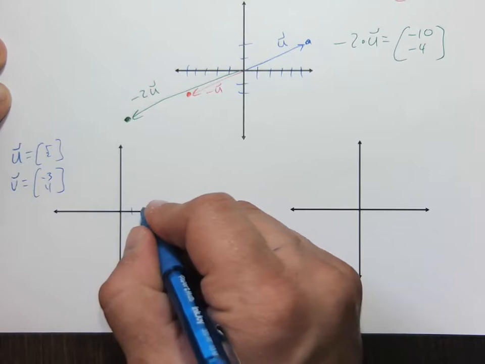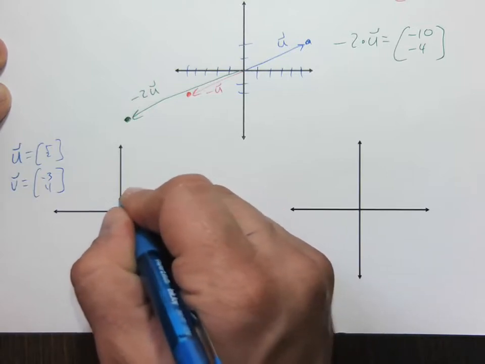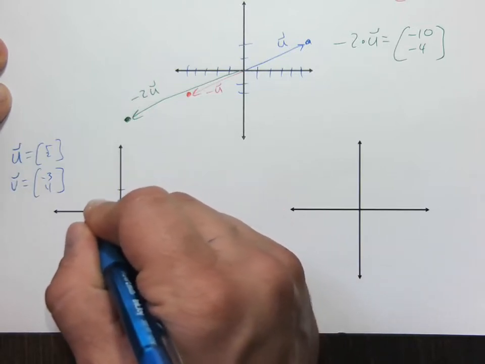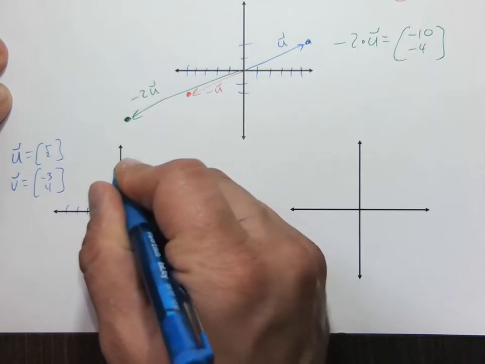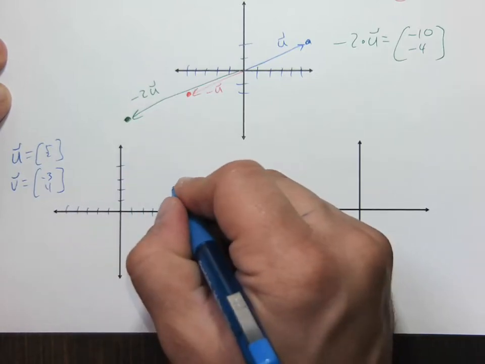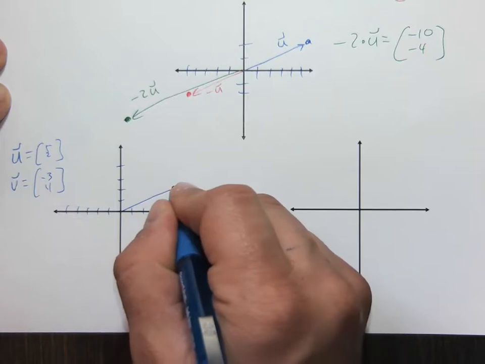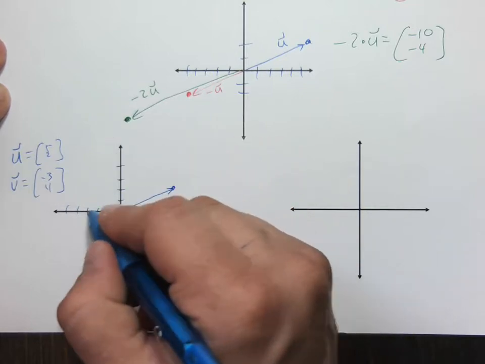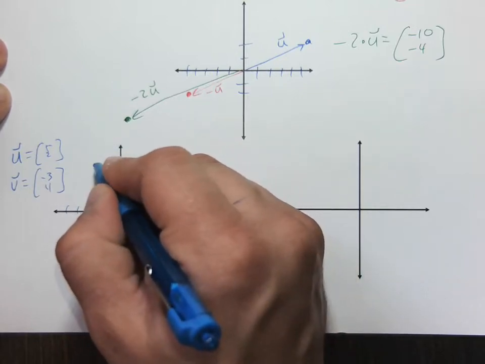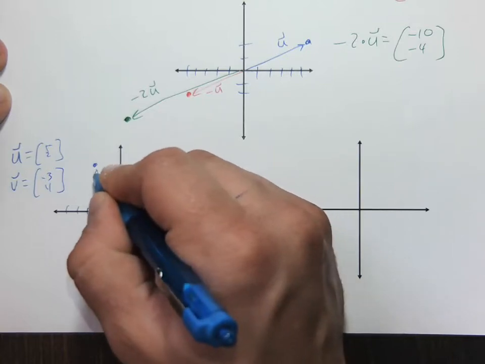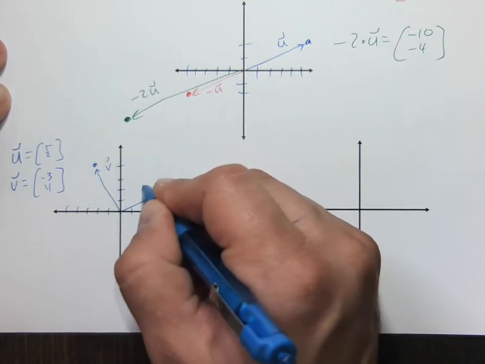So let's draw those on here again. So u is 5, 2. v is -3, 4.